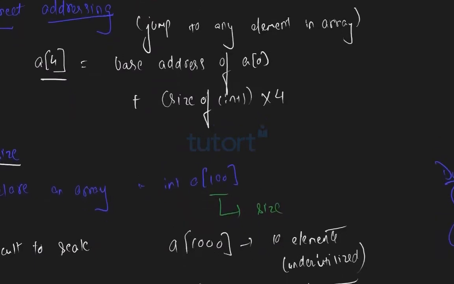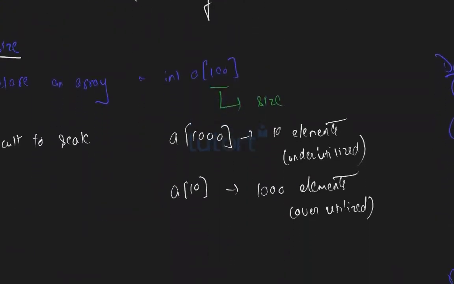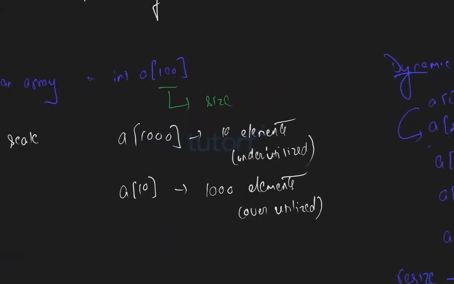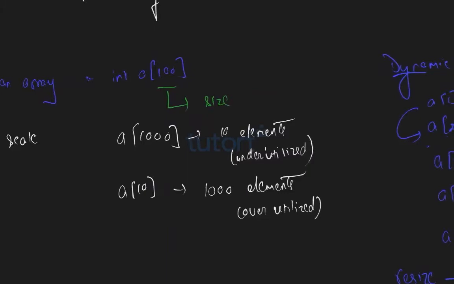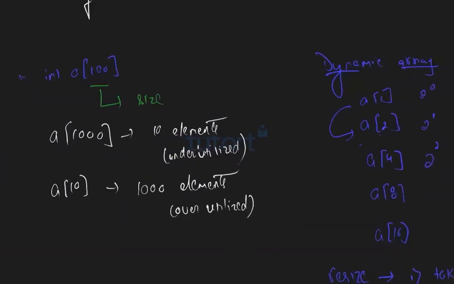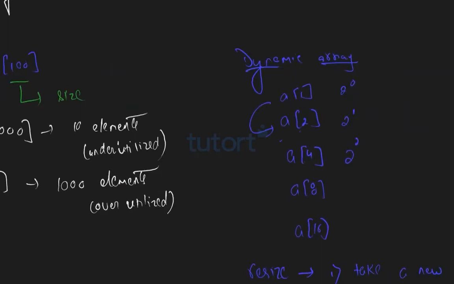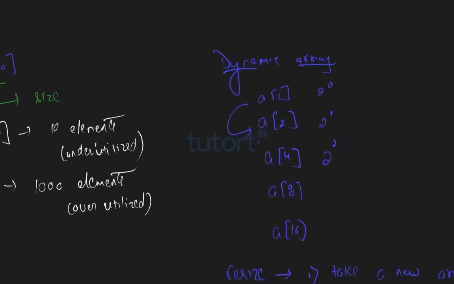So increasing or resizing is an operation in which there are two steps. First, take a new array of bigger size, then copy the old array into the new array.